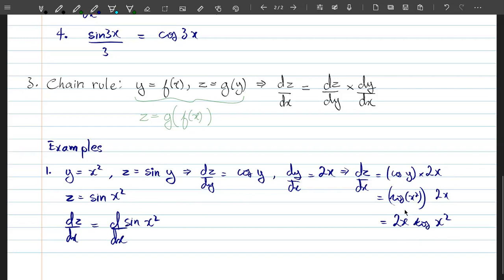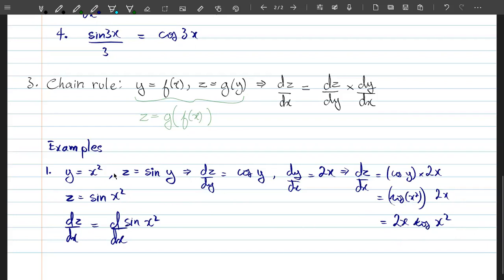Because it avoids the confusion of thinking of 2x being multiplied with x square. This x square is the argument of cos, so it is inside the function in some sense. Do not multiply x square with this 2x outside, right? This is outside really. So when you write it this way, it's clear. You're not likely to multiply this 2x with the x square inside. So write it this way, that is better.